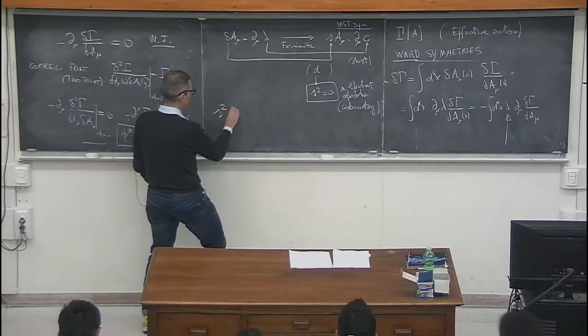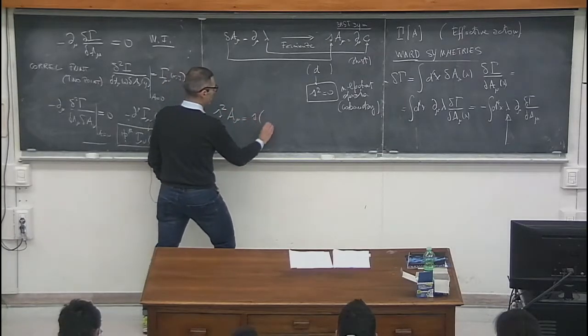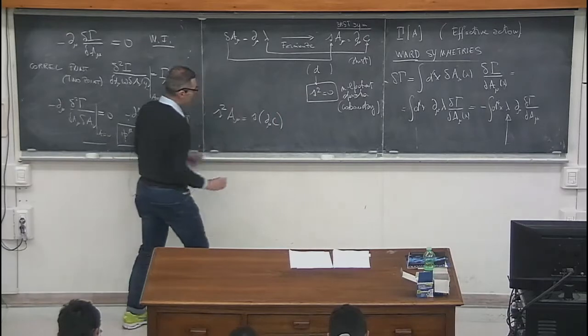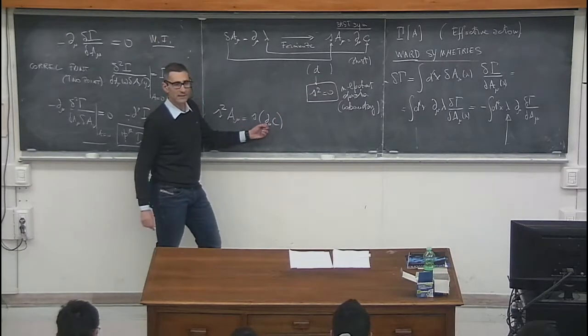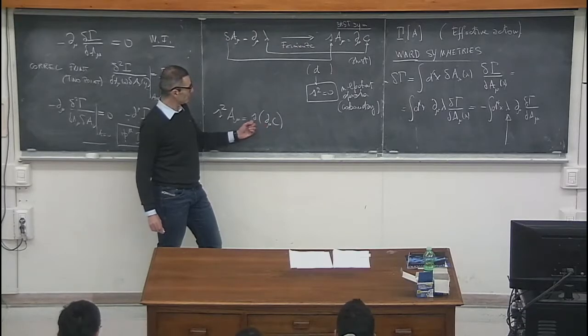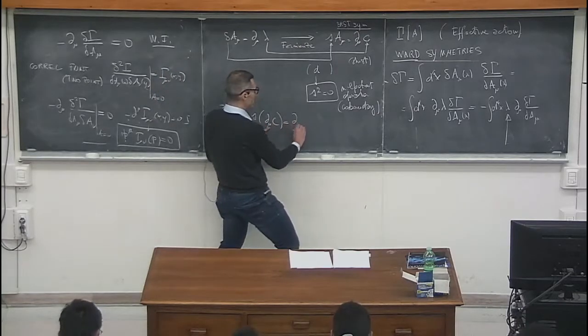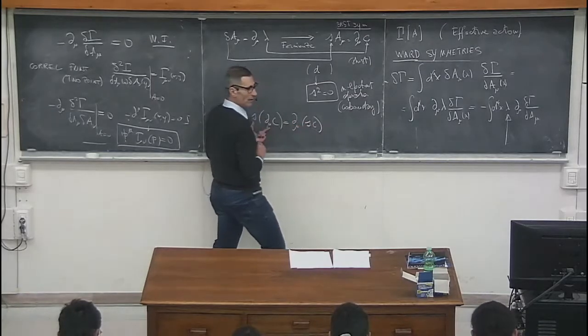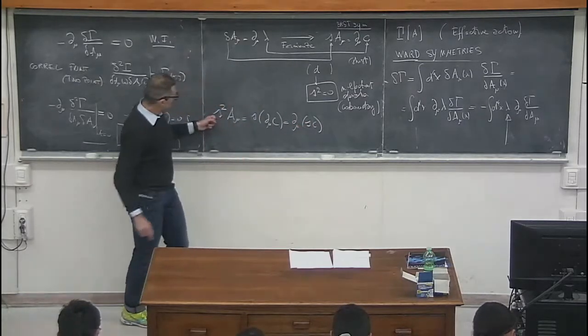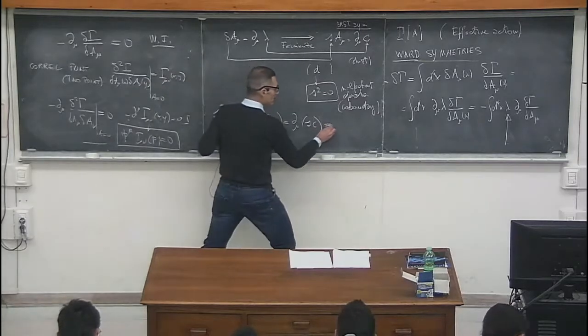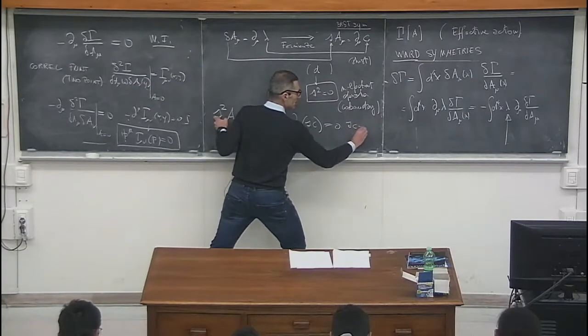So I have S of d mu of c. Now S and the derivative commute, because one is a commuting operator and the other an anti-commuting one, but they do commute. So I can rewrite it as d mu of S of c. If I want this to be nilpotent, I must have that it is equal to 0, so S of c is equal to 0.